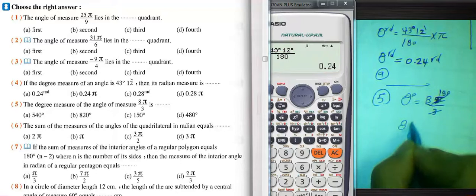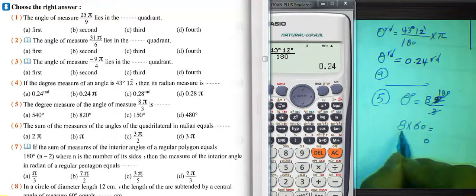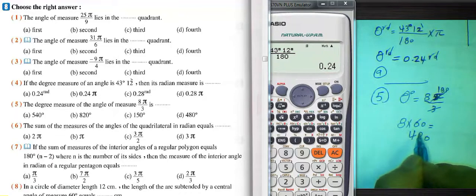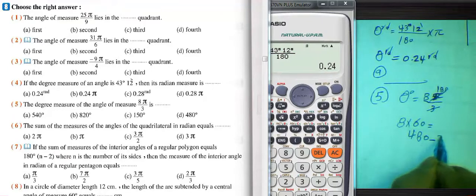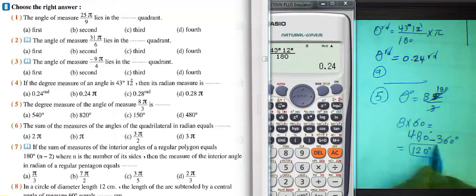The result will be 8 multiplied by 60, 6 multiplied by 8 equals 48, and 48 more than 360. We can find the result by subtracting 360. The result will be 8 minus 6 equal to, the result will be 120.